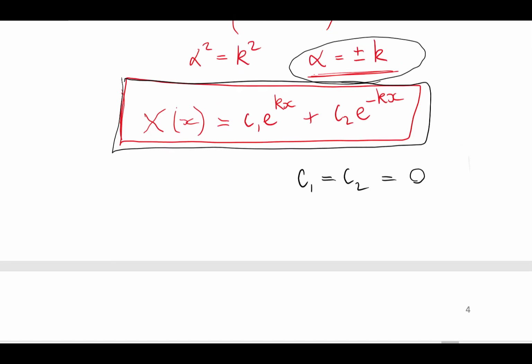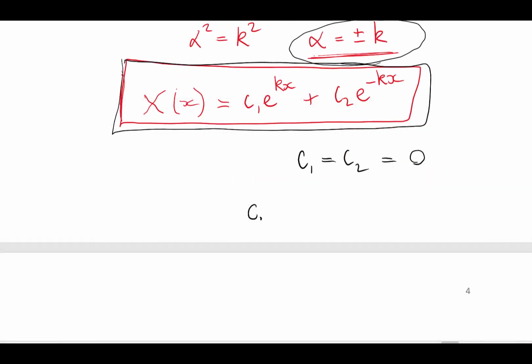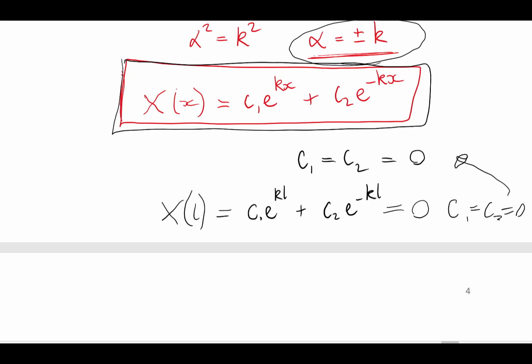The reason again is that if we replace the x with an L in here, C1 e to the kL plus C2 e to the minus kL, the only way that we can get a 0 value for X of L, which must be equal to 0, is when C1 equals C2 equals 0, which is what I've written up here.